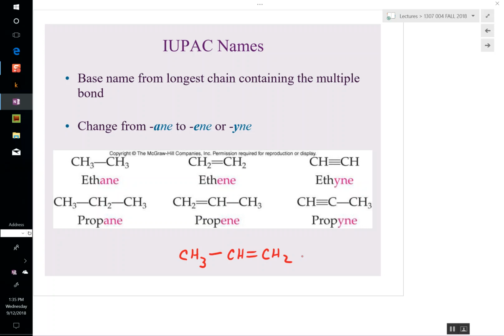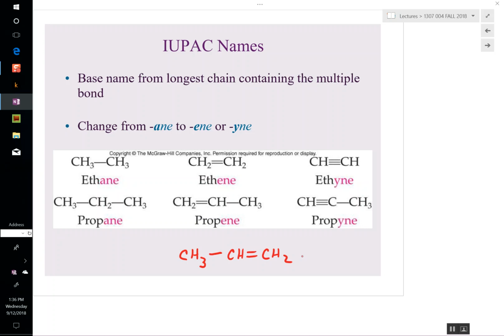So there's only one propene. There's not a 1-propene and a 2-propene. There is only a single propene. And we don't need the 1. Likewise with propyne. There's no middle set of carbons where that triple bond can be.